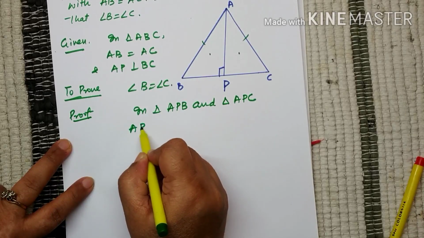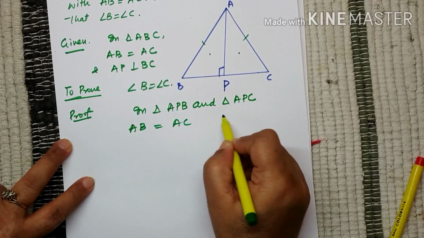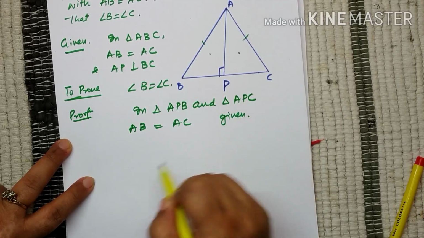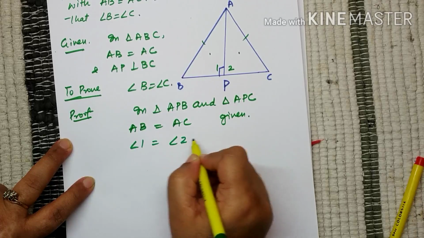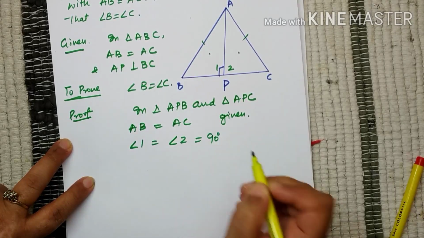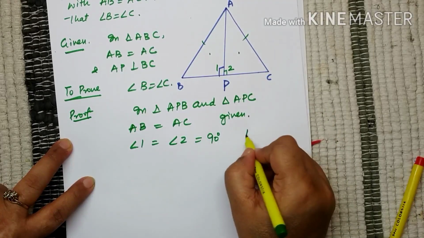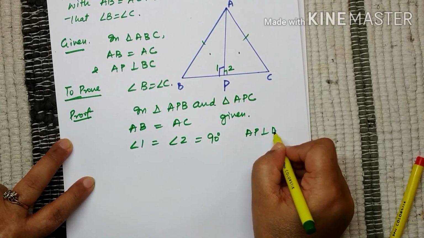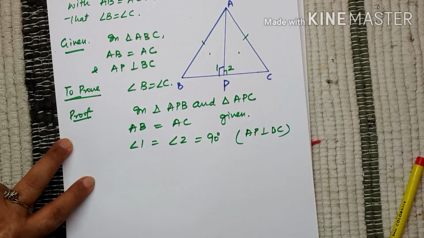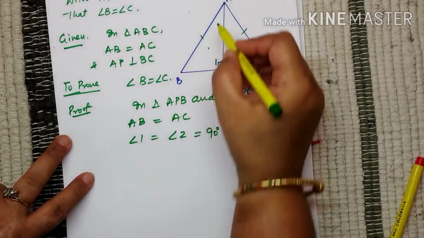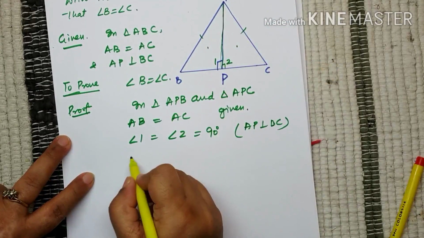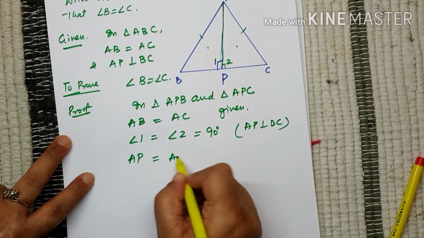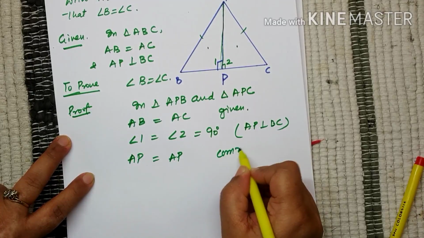Side AB equal to side AC, because it's given in the question. Then these angles 1 and 2 are equal. Why? They are equal to 90. Why equal to 90? Because AP is perpendicular to BC, given. And the third thing, you can easily see it. This is the common side. So AP is equal to AP, common.